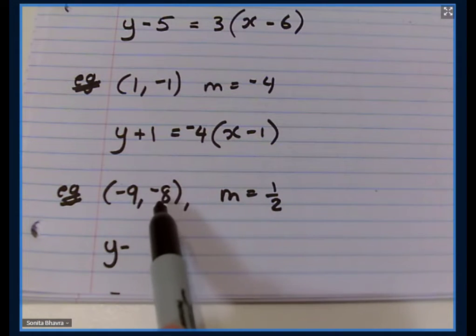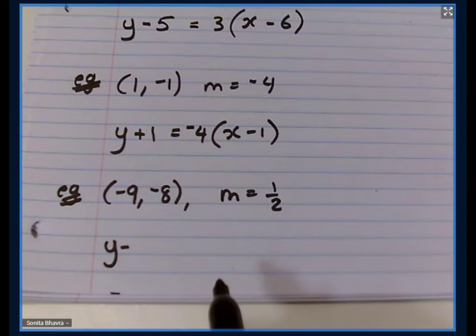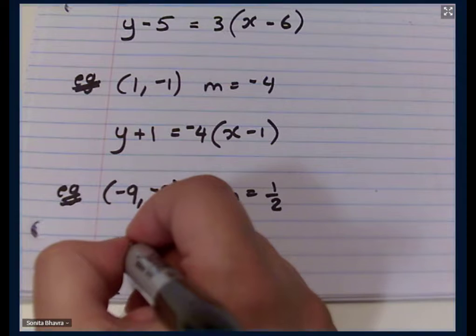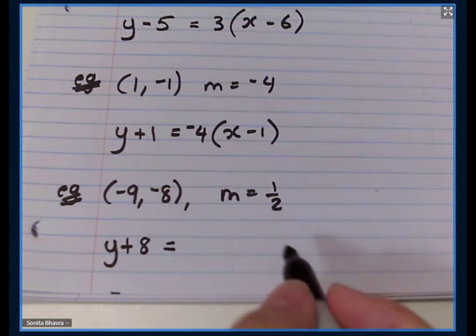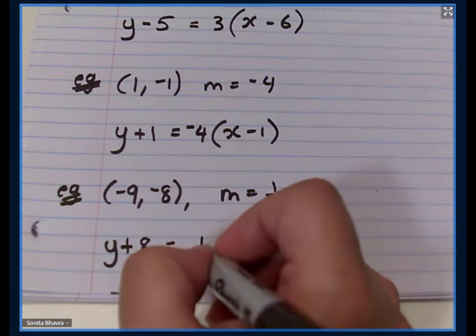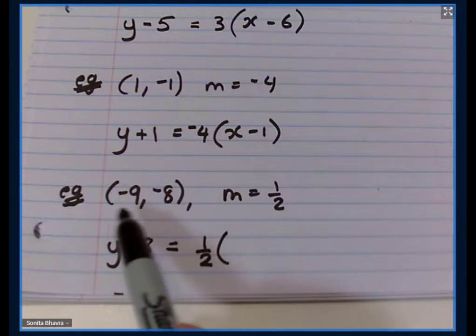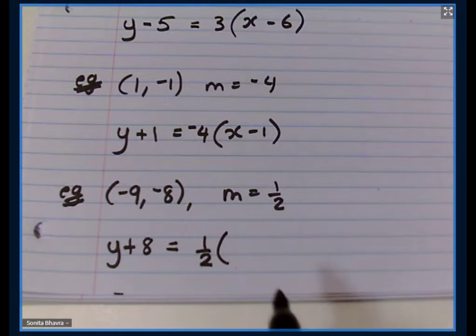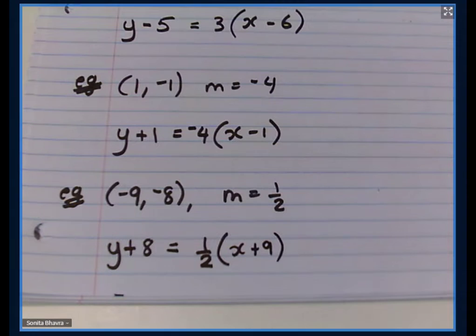So y minus negative 8, that becomes y plus 8. And our slope is 1 over 2. And then x minus negative 9, that becomes x plus 9. All right, and that's it.